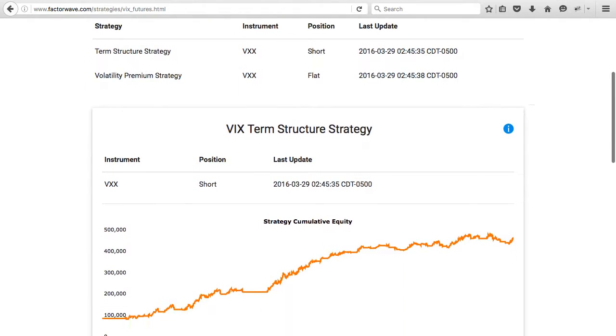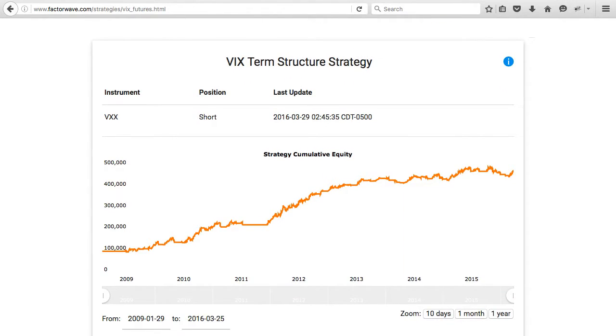The VIX term structure strategy is based on the idea that VXX, the VIX short-term ETN, has to hold a notional 30-day future. Unfortunately, this future typically doesn't exist. Only one day a month will there exactly be a 30-day future. So this means every day, to stay at the 30-day level, VXX has to sell front-month futures and buy back-month futures.